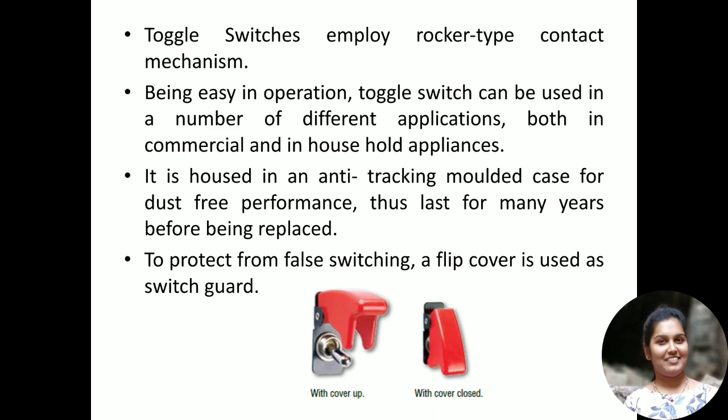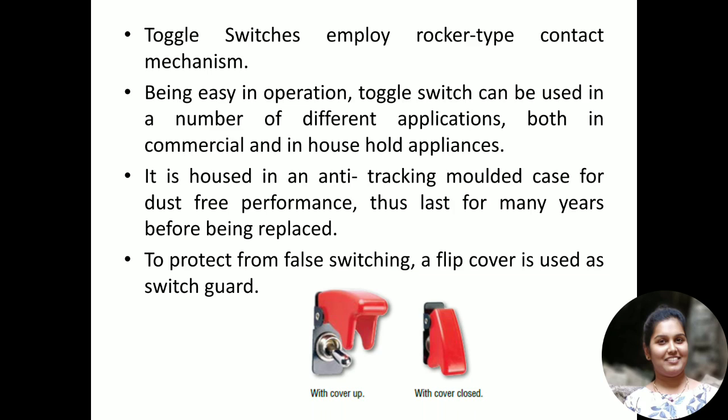To protect from false switching, a flip cover is used as a switch guard. This guarding mechanism, this red color thing, is used in order to protect from false switching, so sudden or unwanted switching actions can be eliminated by this covering case, that is this flip cover.